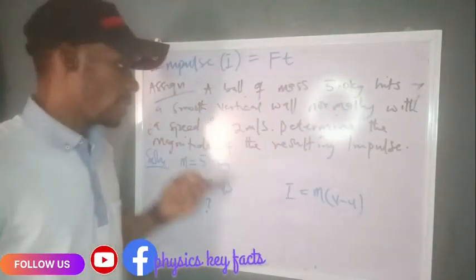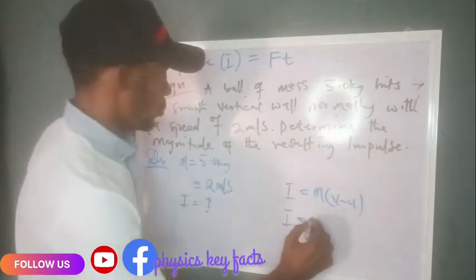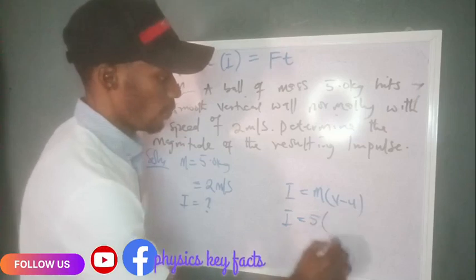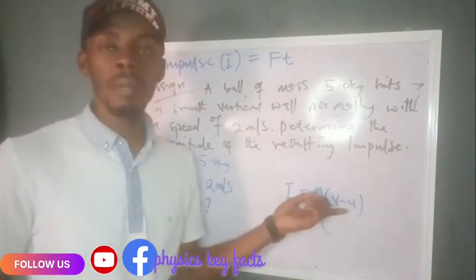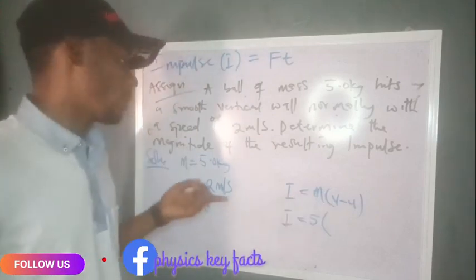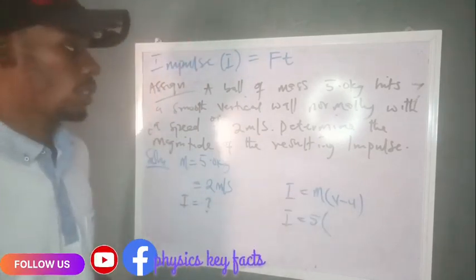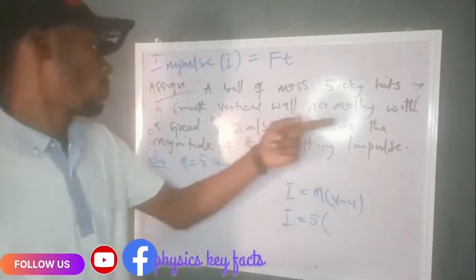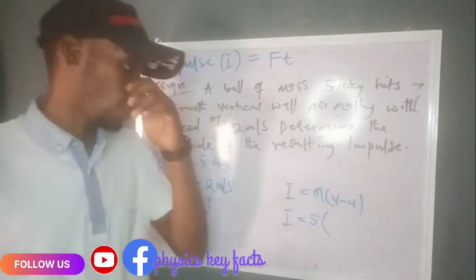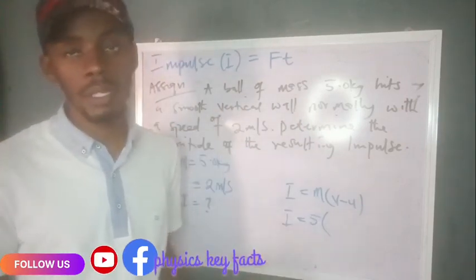So I is equal to 5, open bracket. Then how do we determine if the velocity given to us is final or initial velocity? The velocity was given with a speed of 2 meters per second, so we are going to assume that this ball started from rest.